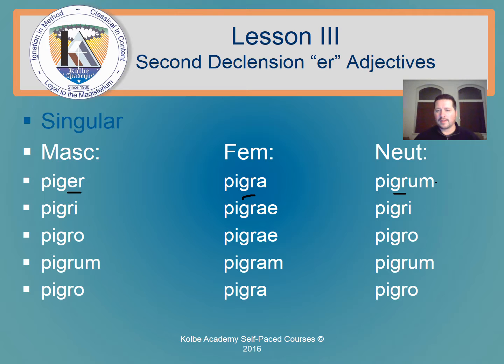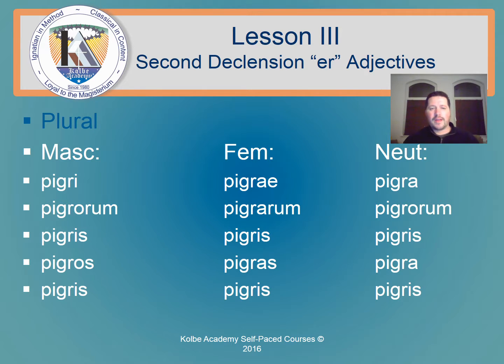Neuter having these identical nominative and accusatives always. And so even if I caught you off guard with this one, you might want to, before you go to the next slide, try and do the plural. See if you can do the plural, and even if it seems very simple, it will also be a good review for you and good practice. So do that, and then go to the next slide.